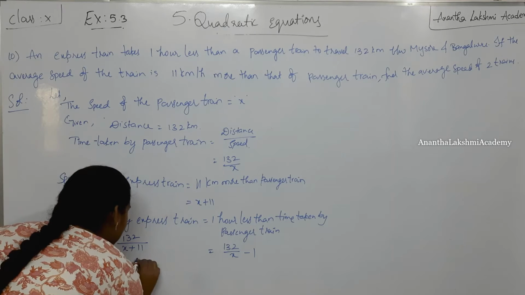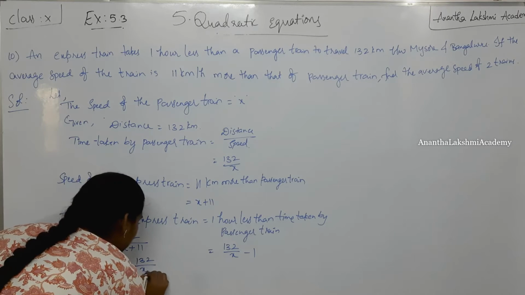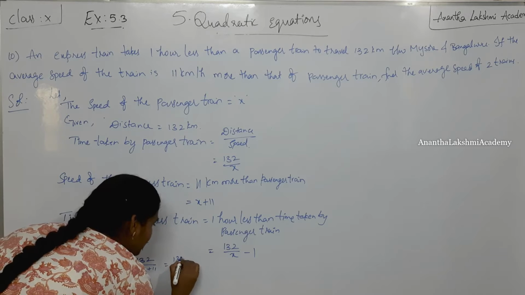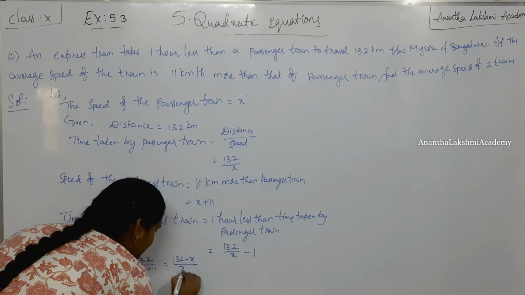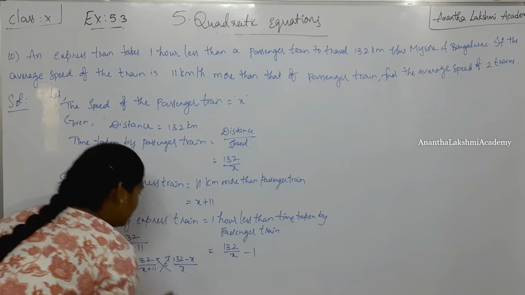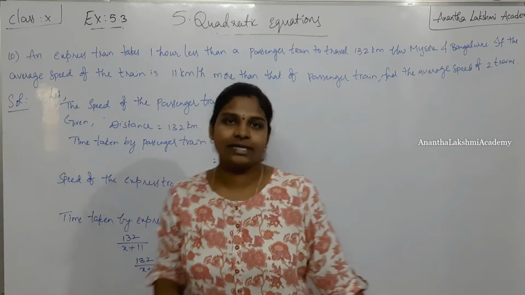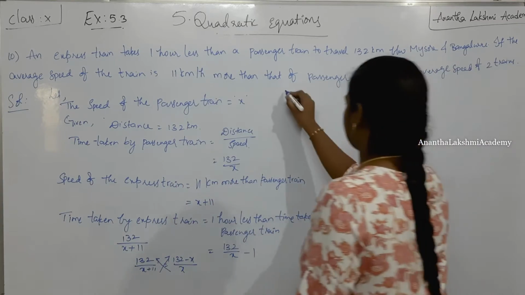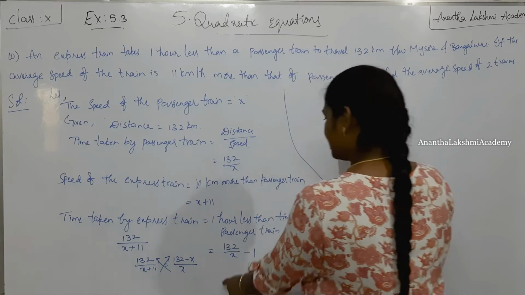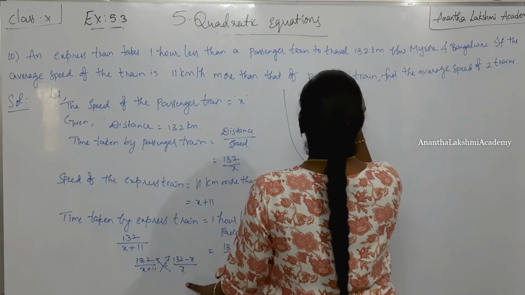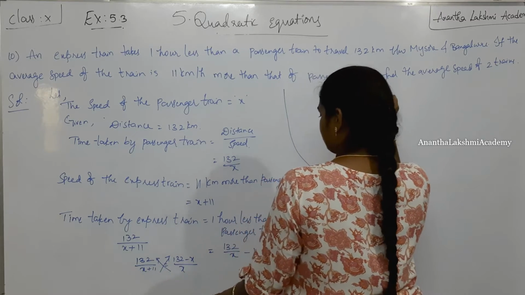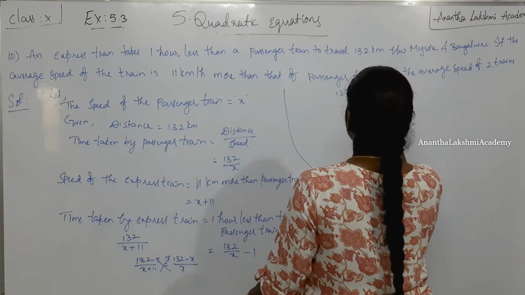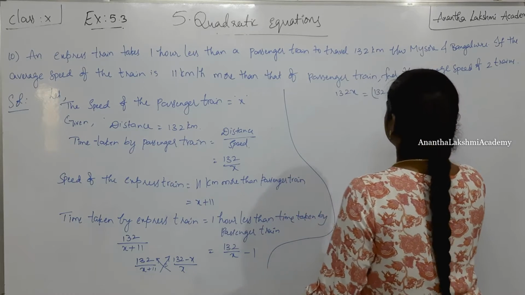So, let us solve for the same. Now, take the LCM on this side. 132 by x plus 11 is equal to 132 minus x by x. Now do the cross multiplication and let us simplify this equation. So that is going to be 132x is equal to 132 minus x into x plus 11.